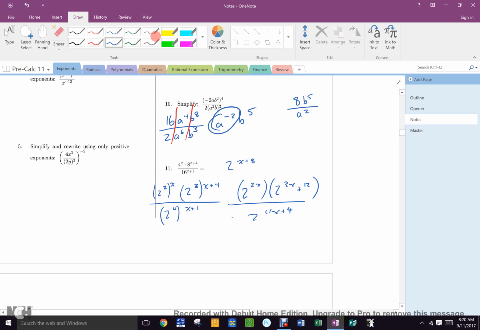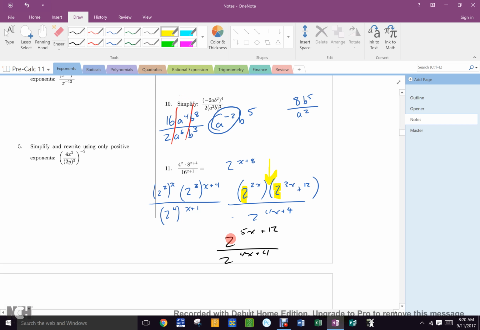And now, is this the same base? And what math is happening right there? Multiply. What do we do with exponents when we multiply? Add. So 2x and 3x, that's 2 to the 5x plus 12, yeah? Over 2 to the 4x plus 4.